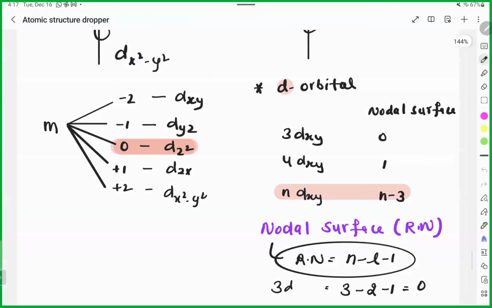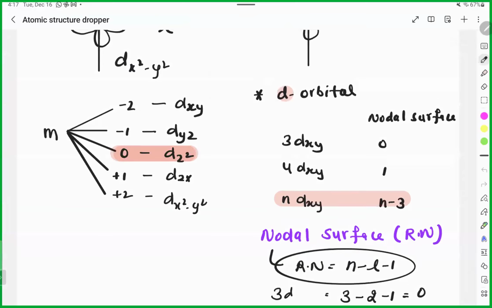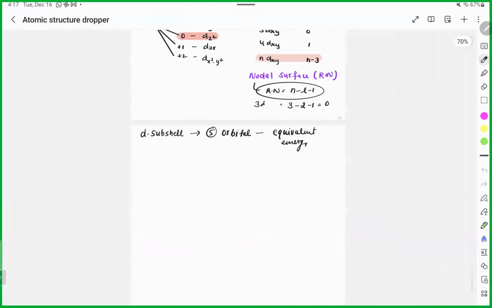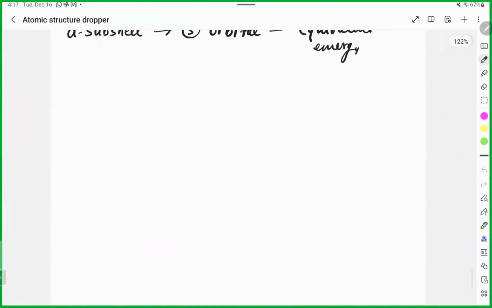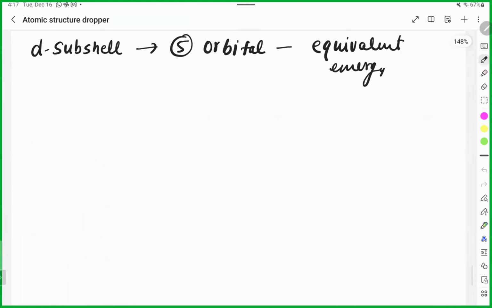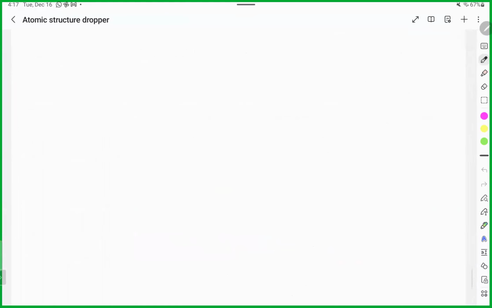Tell me, guys, how was this? It will, trust me, look confusing. Just focus on 3 words and everything will be sorted. Radial node or nodal surface, if you calculate, it will be n minus l minus 1.